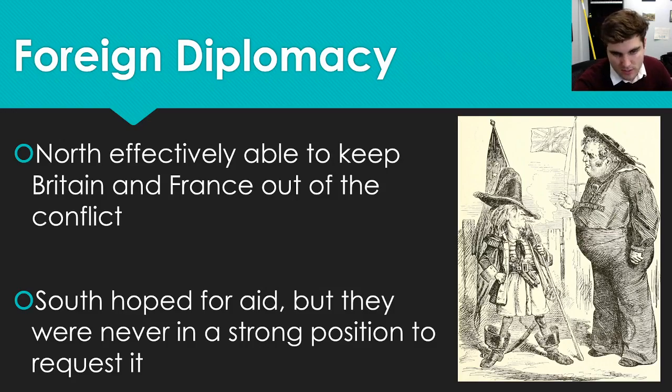They kind of viewed this as a second revolution. But the North was able to effectively keep Britain and France out of the conflict through kind of threats and diplomacy.